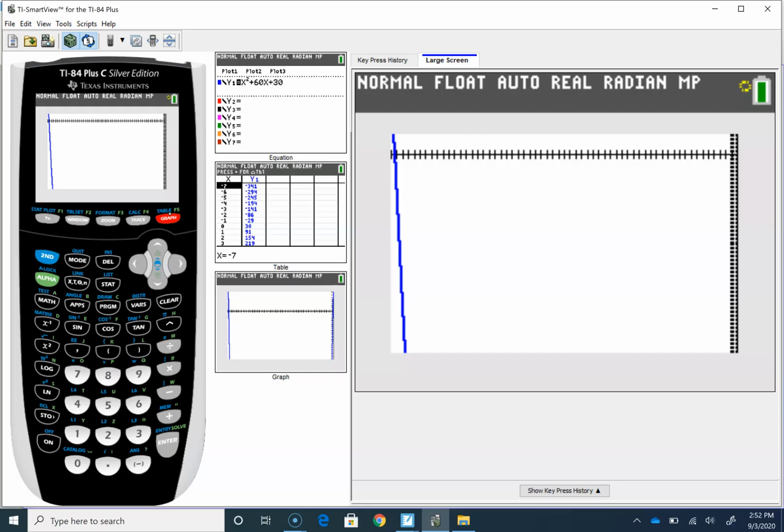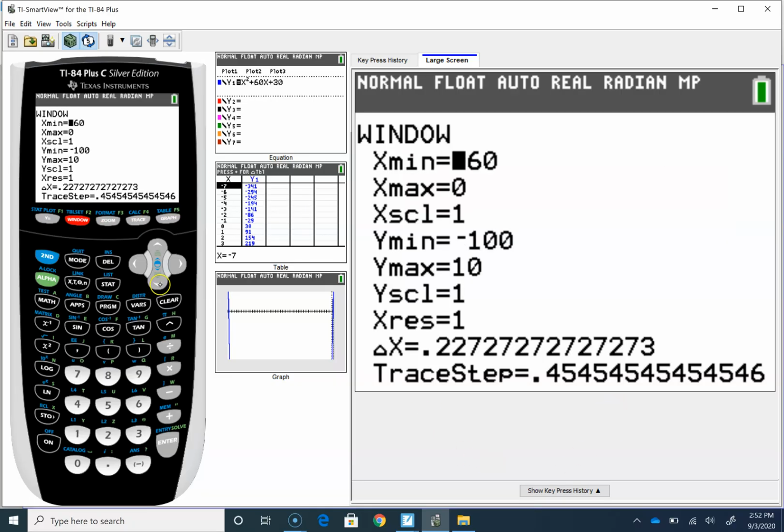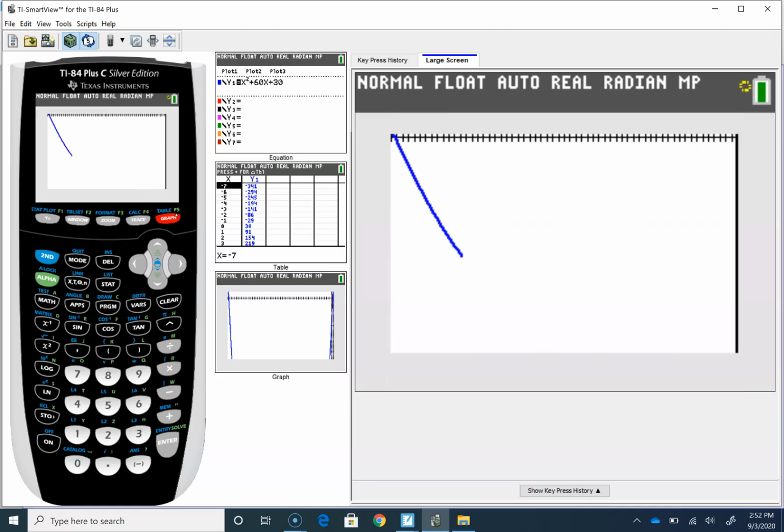Notice I still can't see it, so I need to get bigger because it's still down here. So I'm going to go back to my window and maybe I pick negative 1,000. See what I can see. So I say just go big. If you need to get down further, just go big. I need to see this minimum, and there it is right there.